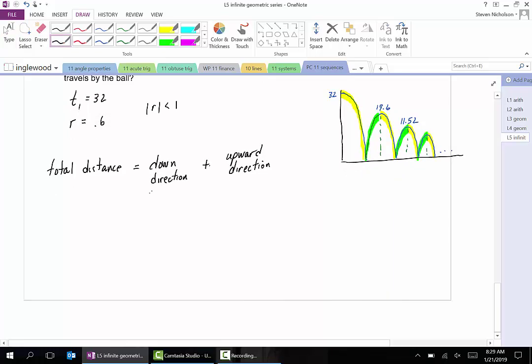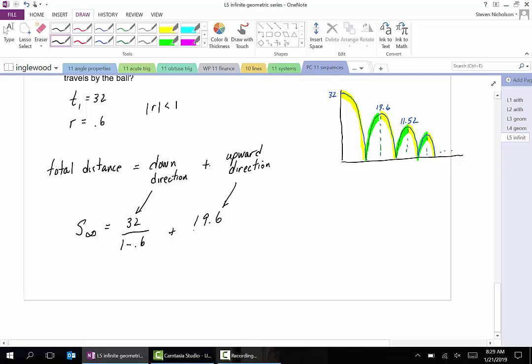So our downward calculation would be S of infinity of T1, which is 32, over 1 minus 0.6, but our up direction would not be 32, because that's not where we start our first up calculation.